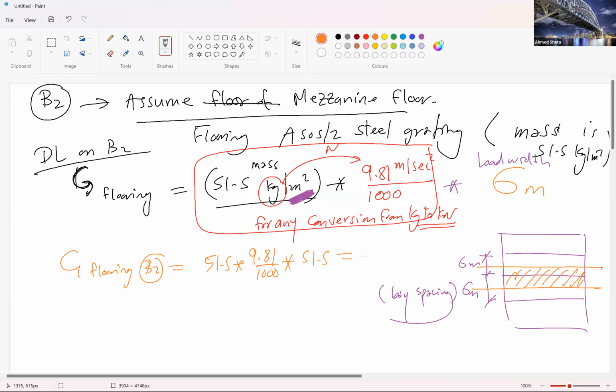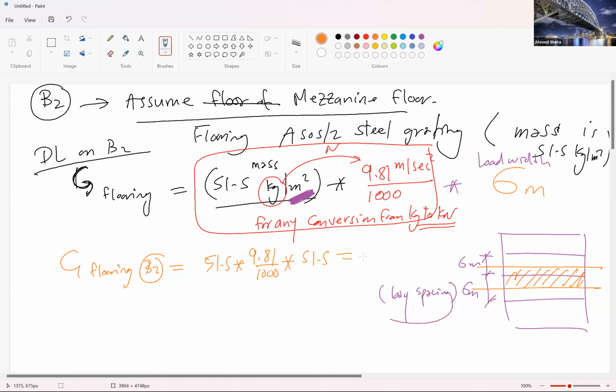Do you want me to calculate it for you? I don't have a calculator at the moment, but it's okay. Anyway, are you happy with this conversion and calculation? Fantastic. So that's it for this one, and you can continue similar to this.